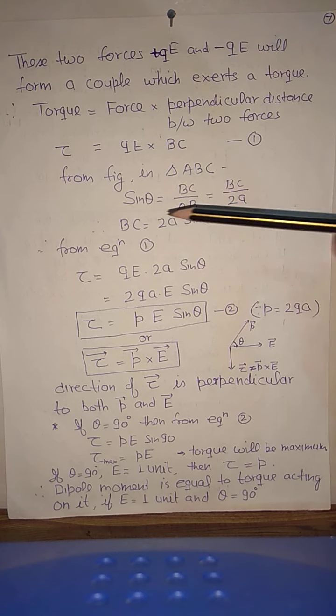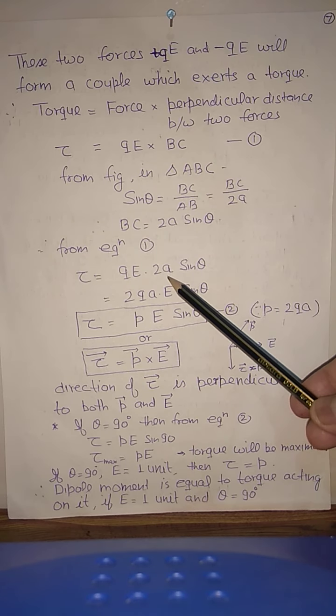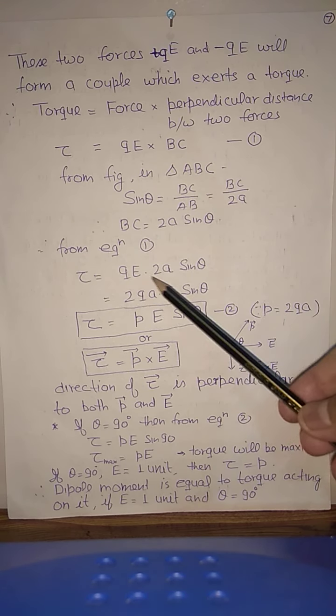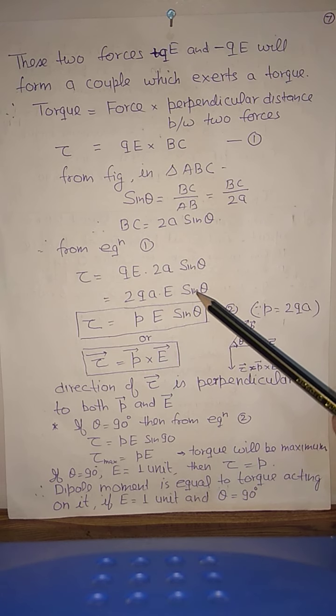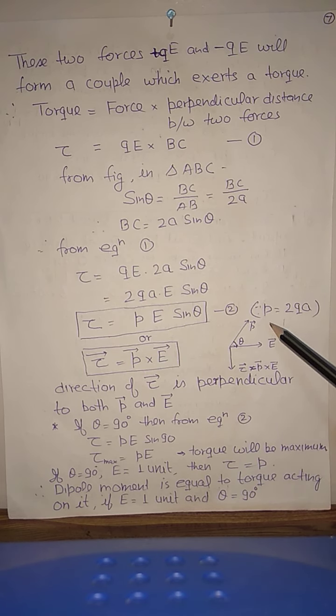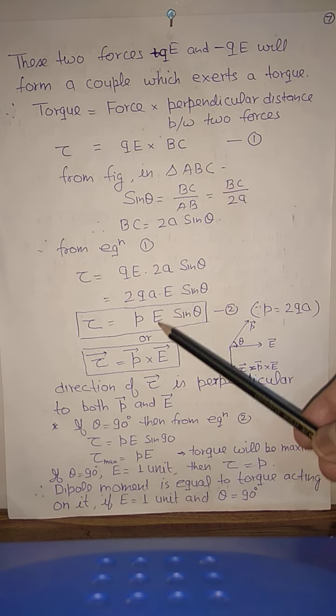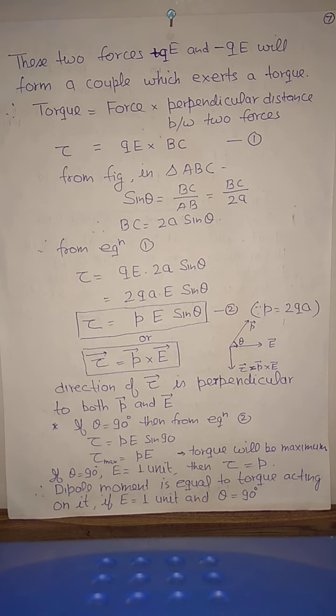Clear? Now we put the value of BC in equation number 1. Tau is equal to QE into 2a sine theta. On arranging, 2QaE sine theta, and 2Qa is p, and therefore tau is equal to pE sine theta. Is that clear? Yes.